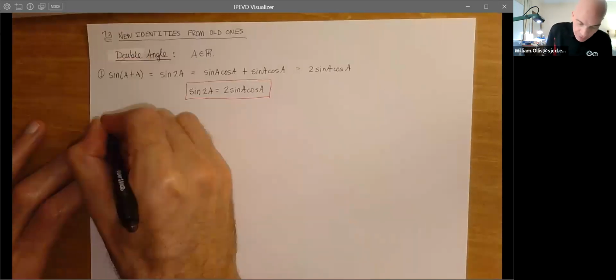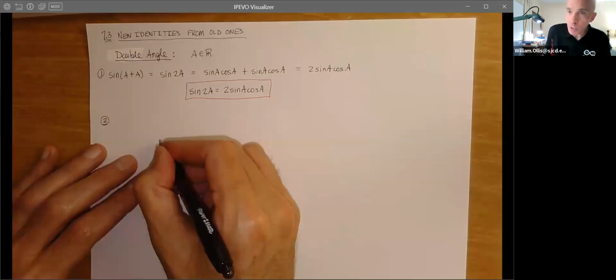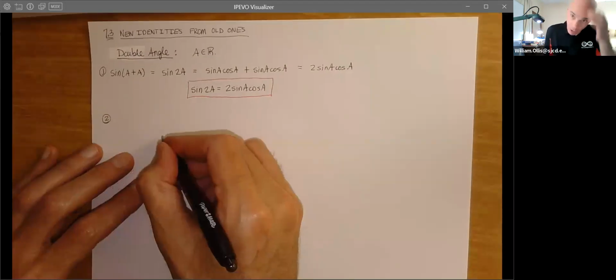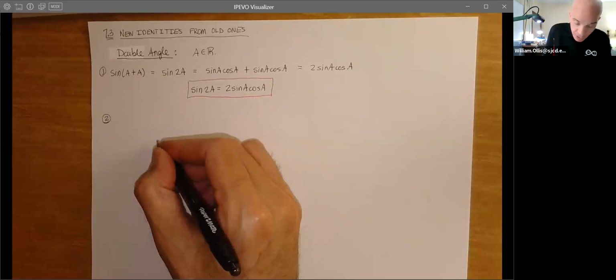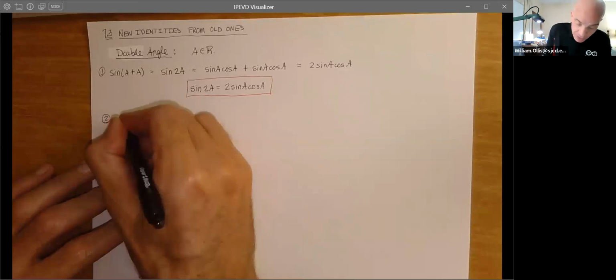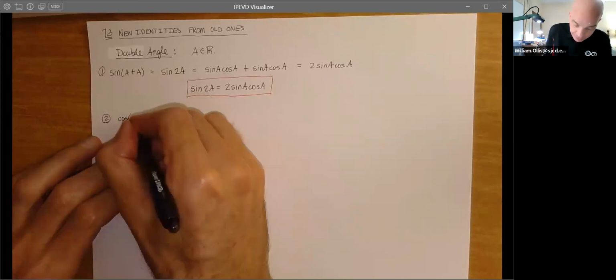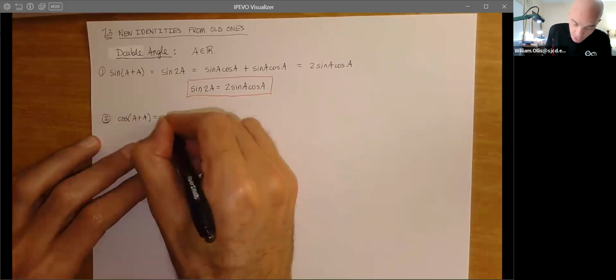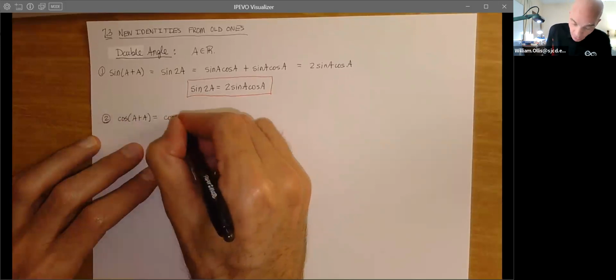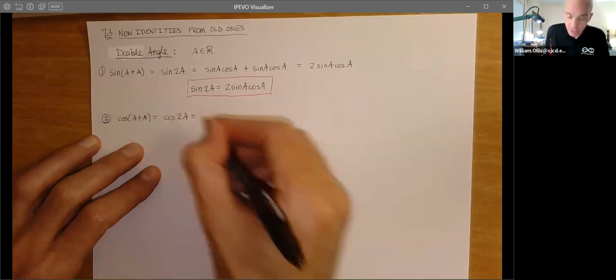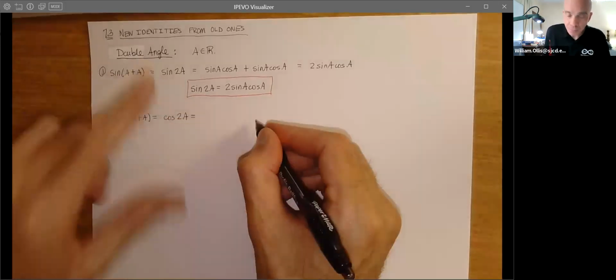Next, this one turns out to be an extremely useful one because it gives us the power reducing, so to speak. Let's do cosine, but again, instead of doing A plus B, we're going to do A plus A. So this will be cosine of the double angle, hence double angle.